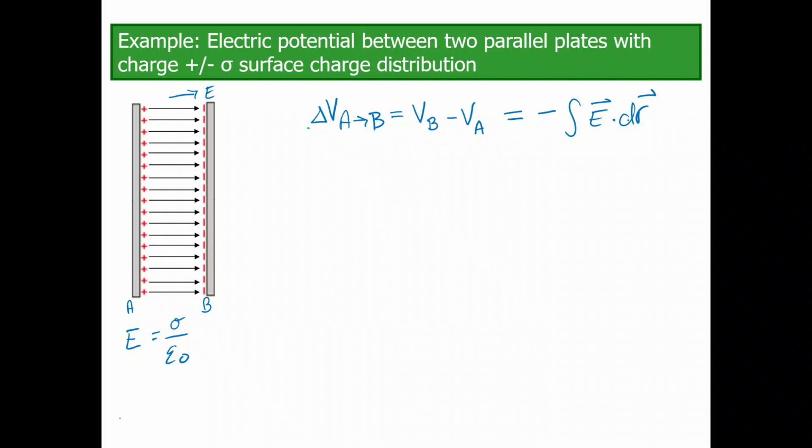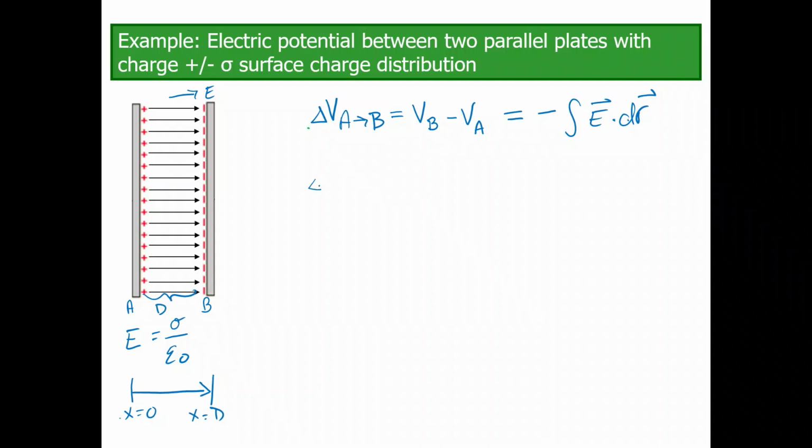I could have x equal 0 here at the plate, and I'm going to define the separation distance between the plates as D. So I'm setting up a coordinate system.